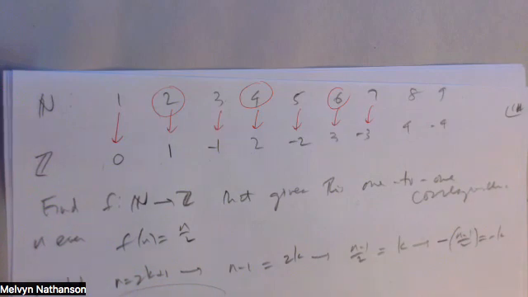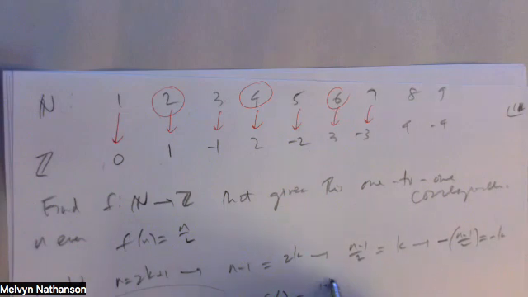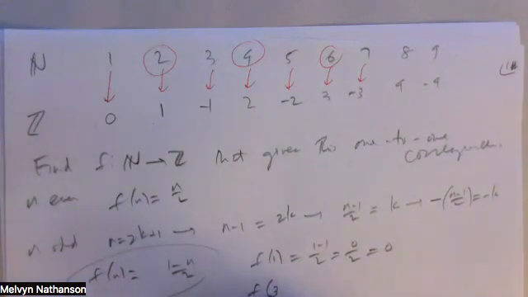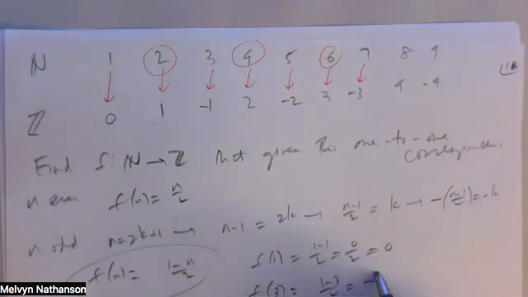So let's look at it. f of 1 is 1 minus 1 over 2, which is 0 over 2, which is 0. That's this. f of 3 is 1 minus 3 over 2, which is minus 2 over 2, which is minus 1.